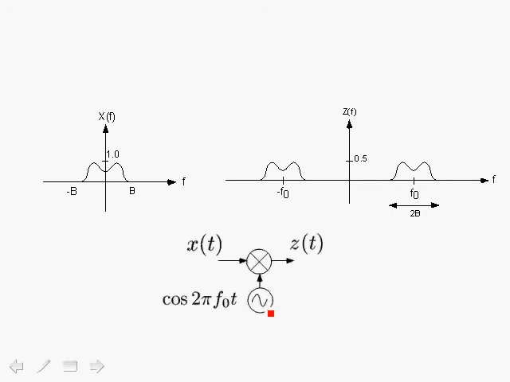If we have an oscillator at a frequency f0, then we can modulate the baseband signal x(t) to the frequency centered on f0, and then of course pass this through a bandpass channel, and we have achieved our aim of transmitting signals over a bandpass channel at a carrier frequency.